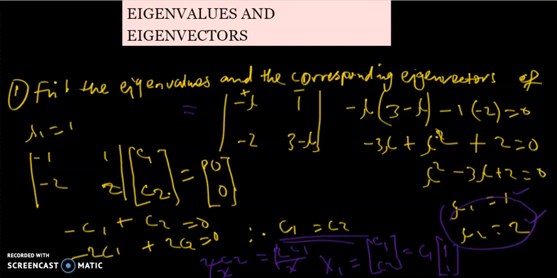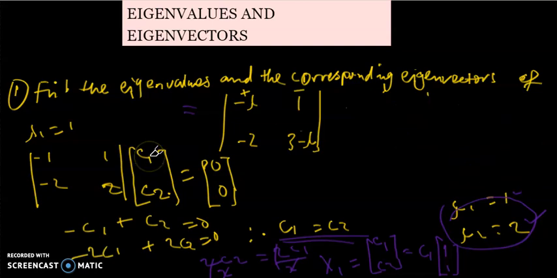Let's do that. Replacing our lambda 2, which is equal to 2, into this equation, we have negative 2, negative 2, this becomes 1, we have 1, we have negative 2, and 3 minus 2 becomes 1, 3 minus 2 here becomes 1.